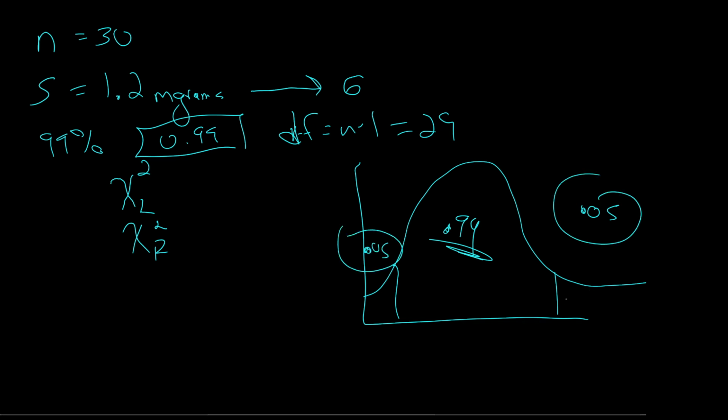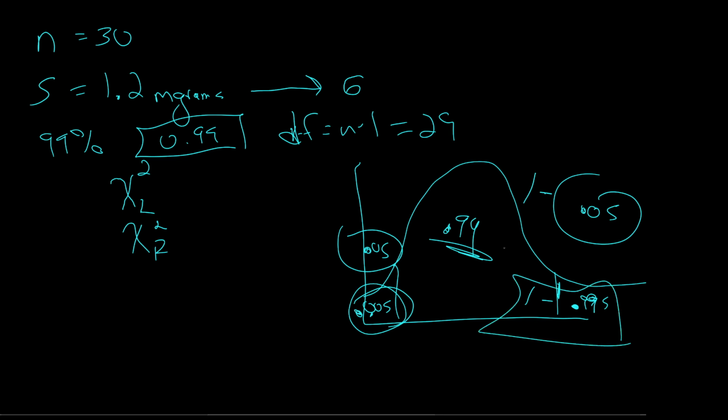So the value I put in for my calculation is 1 minus that 0.005, or 0.995. We want how much is in the shaded area.